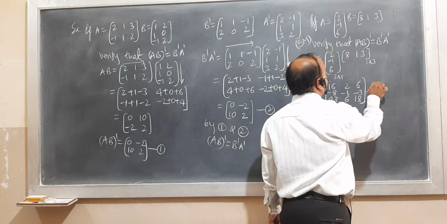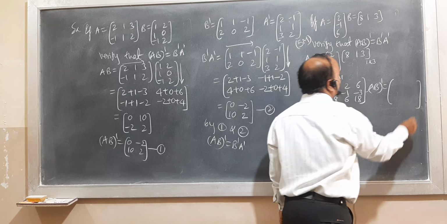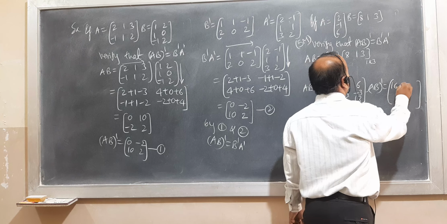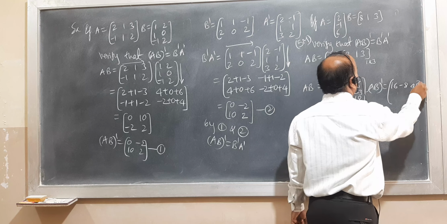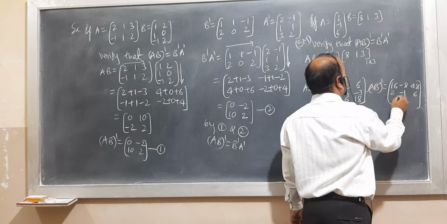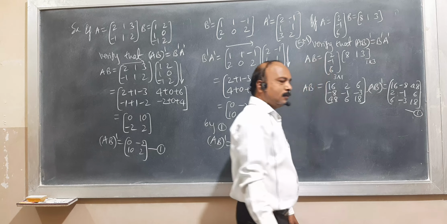Next we go for (AB)'. (AB)' is transpose of this AB matrix. It is [16 -8 48; 2 -1 6; 6 -3 18]. Call this as 1.